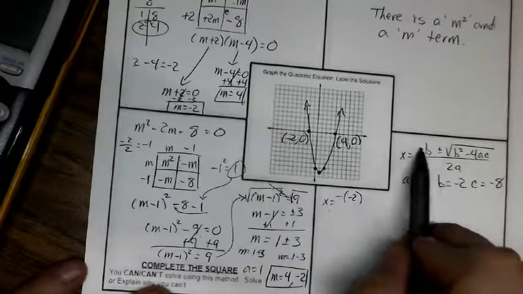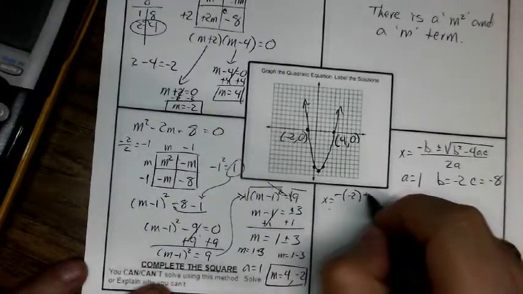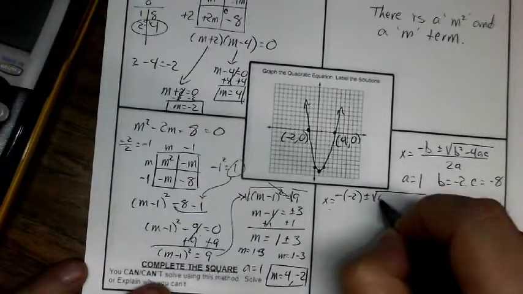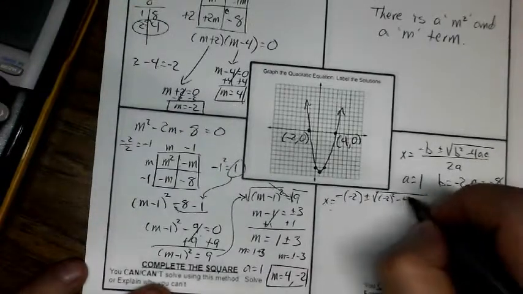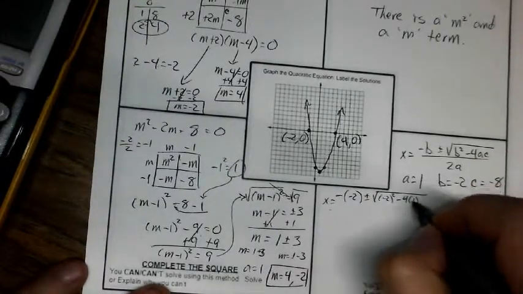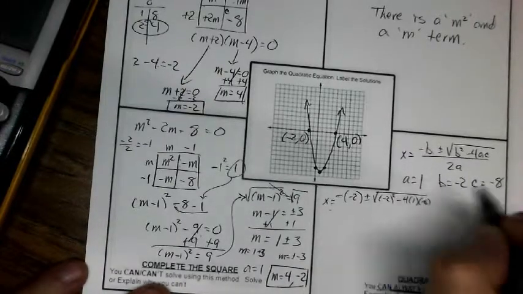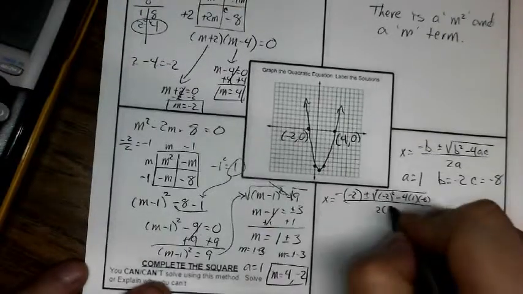So negative B, so negative negative 2, plus or minus the square root of negative 2 in parentheses squared minus 4 times A is 1, C is negative 8, all that over 2 times A, which is 1.